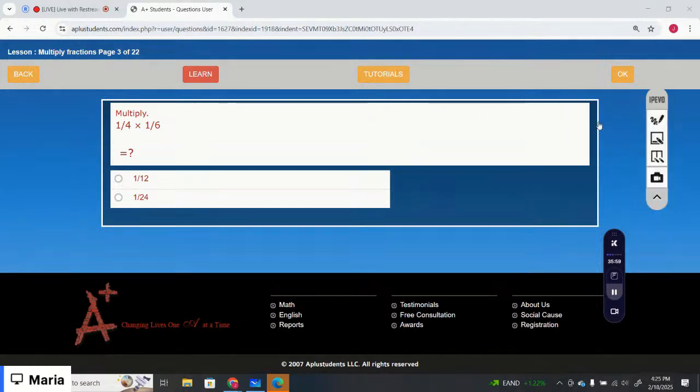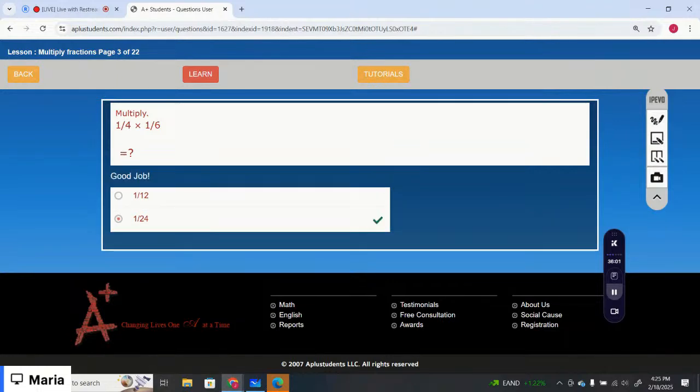Option number 2 is the correct option. That is 1 over 24.